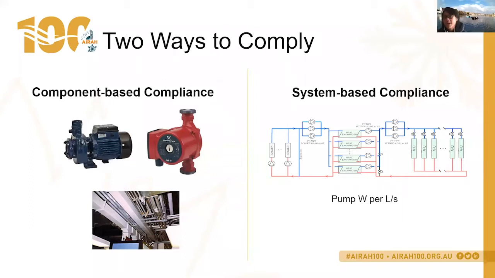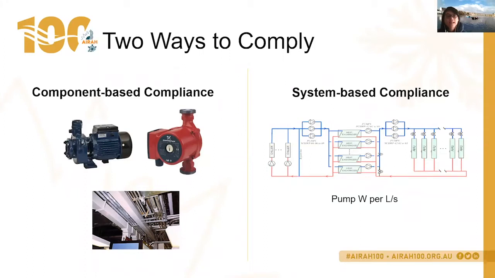The second way that you can comply is to use a system-based compliance. So that's where you're not looking at the individual components. For example, if your pump failed in itself, you may still be able to comply if you look at it from a system perspective. The system-based compliance is based on looking at the pump watts per liter per second, and it's doing a comparison of your proposed design versus a reference system.